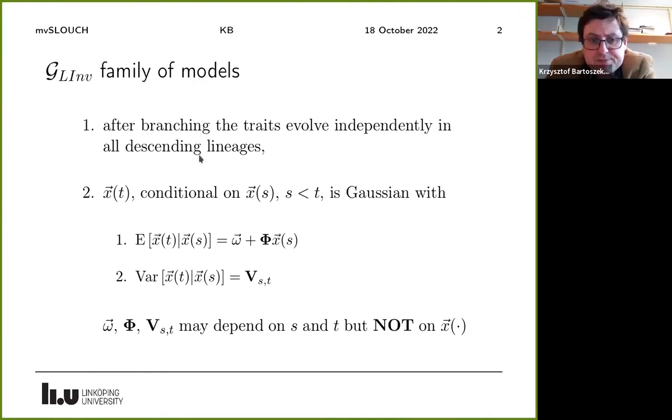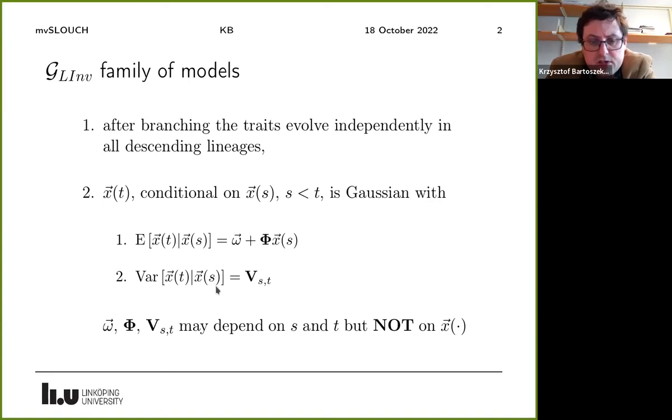And then the second distributional assumption is that the trait, if we denote by X the trait process, conditional on the past, is Gaussian, and it has the following properties: the conditional expectation is linear in the past value, but more importantly, the conditional variance cannot depend on the past value.